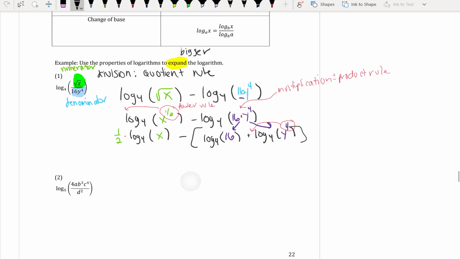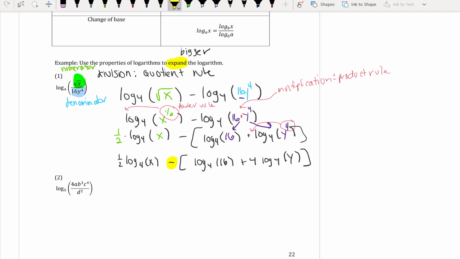So this is telling me that I'm really going to have 1/2 log base 4 of x minus log base 4 of 16 plus 4 log base 4 of y.